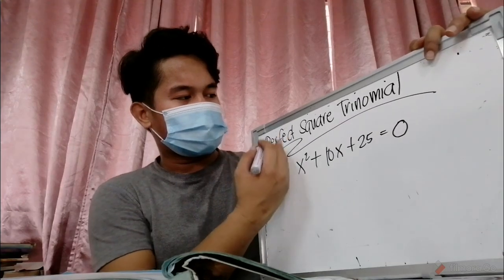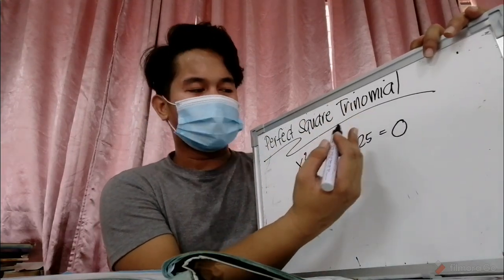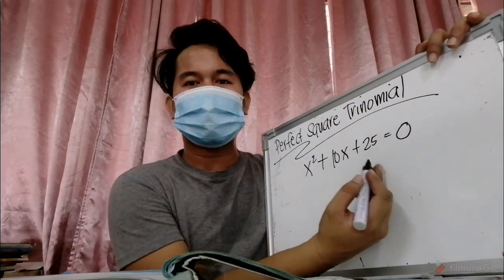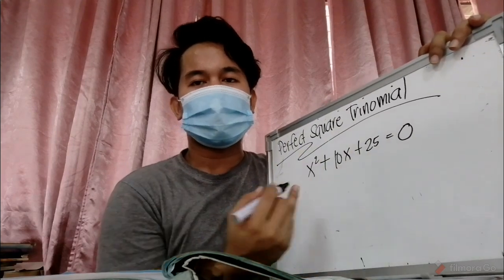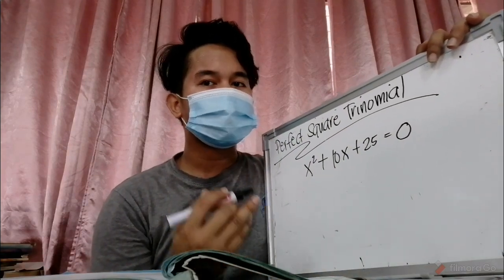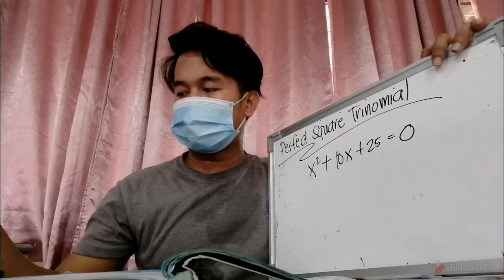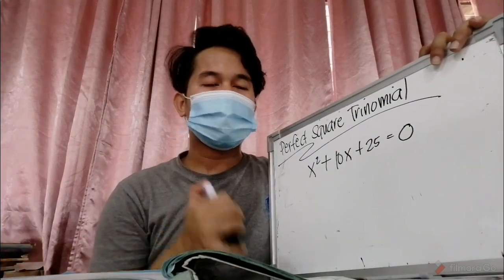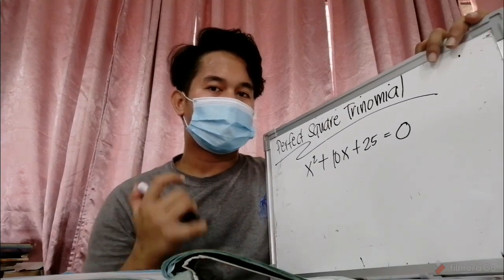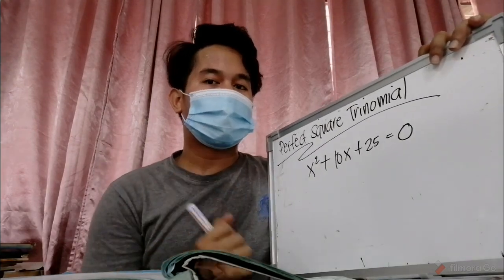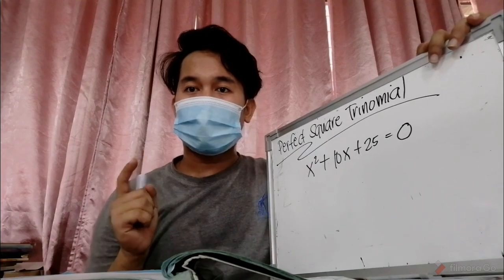Pag sinabi natin perfect square trinomial, okay, so look at see here, our constant. Is 25 a perfect square? Yes, 25 is a perfect square. At ano ba yung number na kapag pinag-multiply sa sarili ng dalawang beses ay lalabas ay 25? So we have 5.